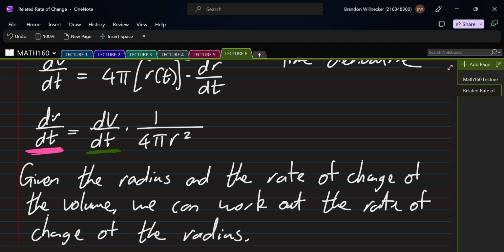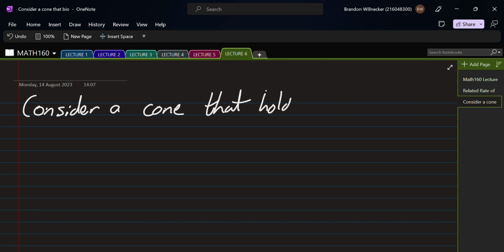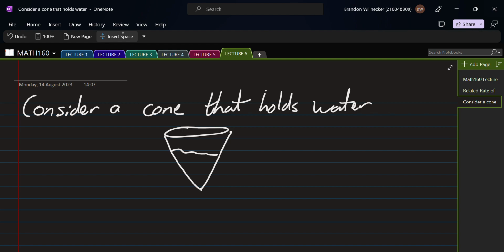Okay, let's have a look at another example. Consider a cone that holds water. So it's something like this, and it's got some water in it.